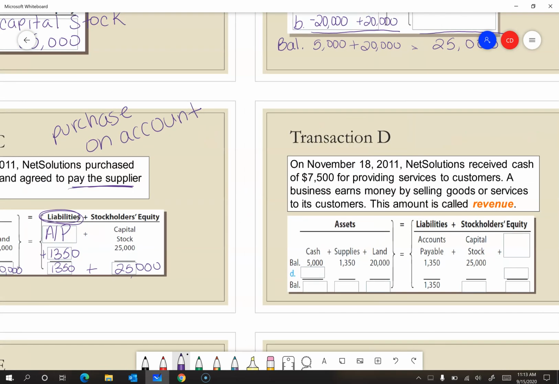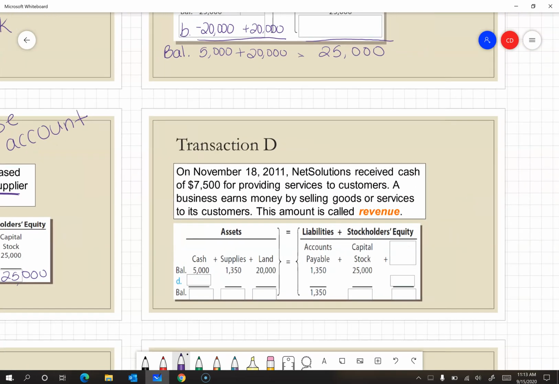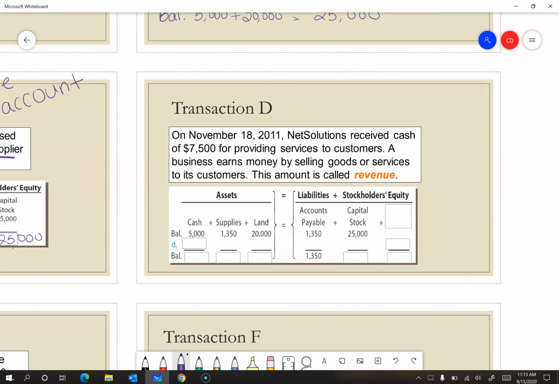All right, transaction D. On November 18th, 2011, Net Solutions received a cash payment of $7,500 for providing services to its customers. Okay? So services, if you recall, should trigger in your brain revenue. Okay? But when we're dealing with a corporation, it's not just straight revenue.